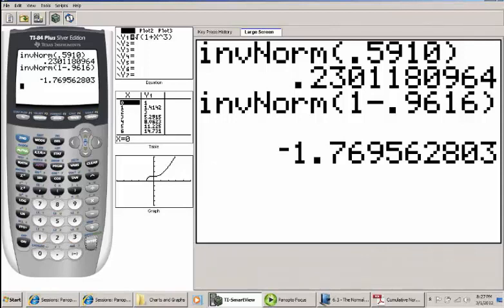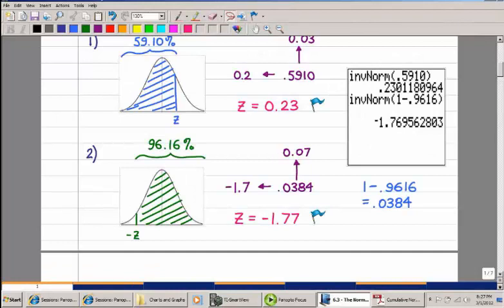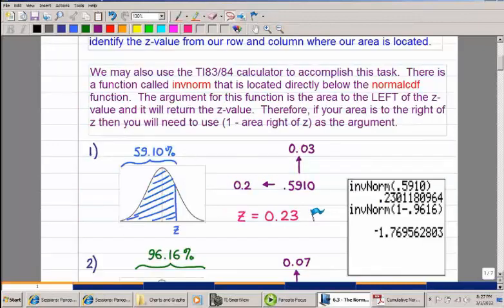So the inverse norm only has one argument, unlike the normal CDF, which has 2 things, the low and high. Area to the left, that's it. So if it's not area to the left, we make it to the left. Now, most of the time this is not going to be an issue because we're going to be dealing primarily with area to the left anyway.